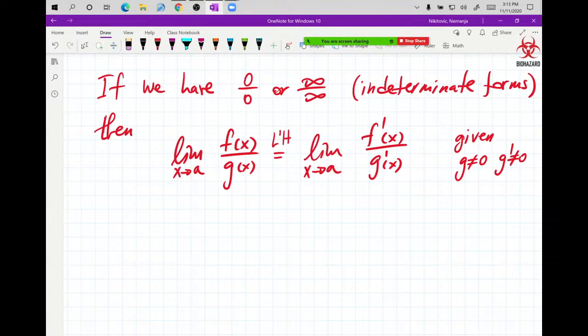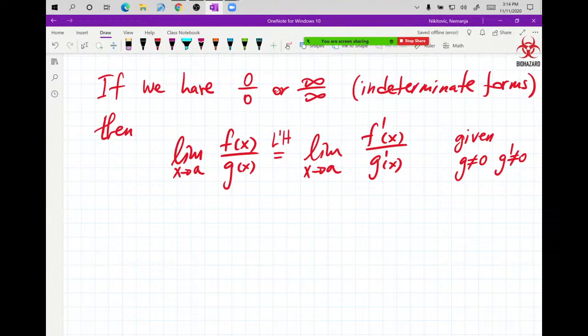What is equal here is the answer that you get for this limit and the answer that you get for the other limit. So this is giving you L, and that is equal to the L that you would get here. The problems are not going to look the same, the functions are not going to be the same, but the outcome of the calculation of both limits is going to be the same, and that's what L'Hopital's rule is.